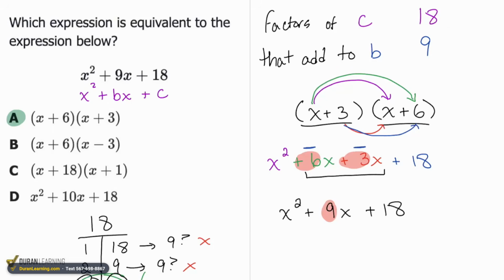The factors of c that add up to b. That is the puzzle you need to solve to undo this and get it in factored form. That's all we have to do. Obviously, it's easier said than done, but only until we get enough repetition. So this is our chance to repeat the process over and over until we become confident.